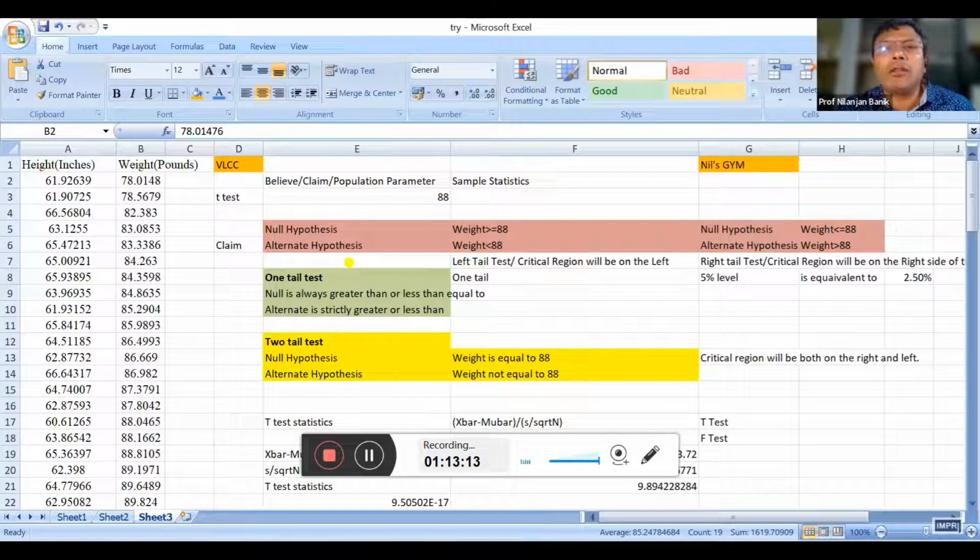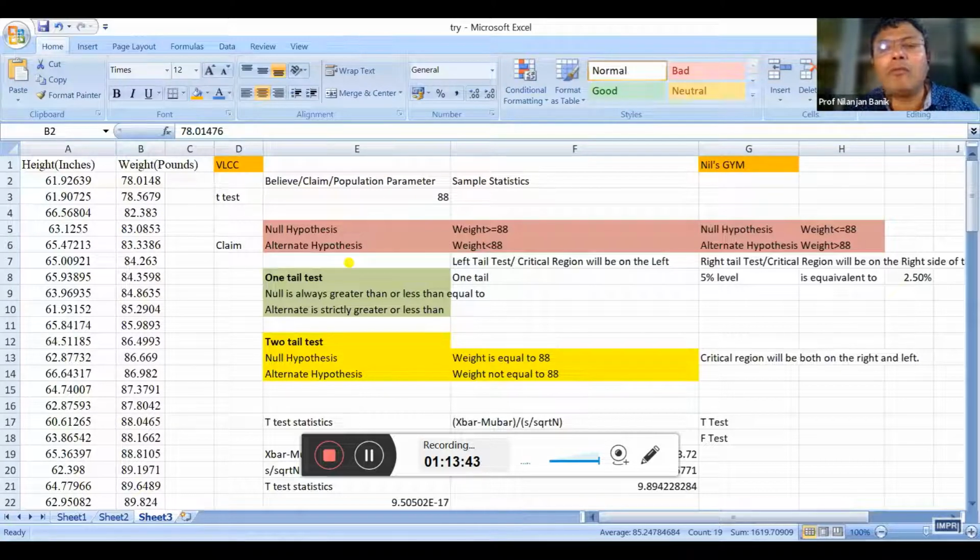So for instance, again, that pizza delivery example which I was trying to give you: Domino's is claiming that they are giving pizza within 30 minutes, and let's say some of the people who are buying from Domino's claim that their pizza is getting delivered in more than 30 minutes.